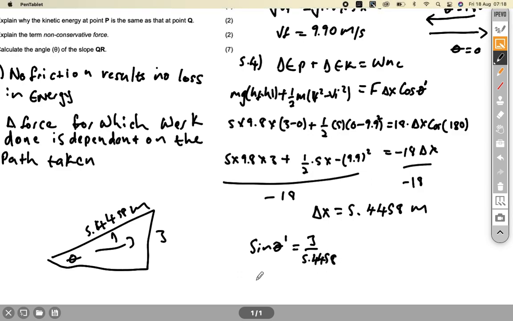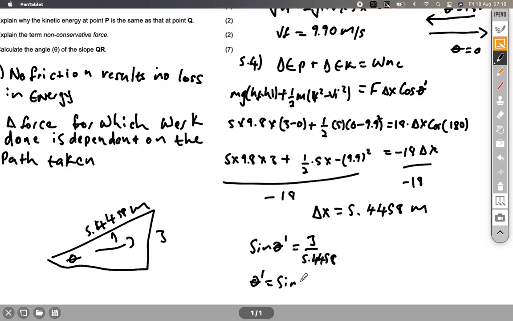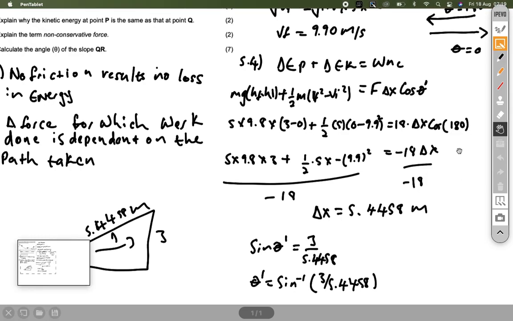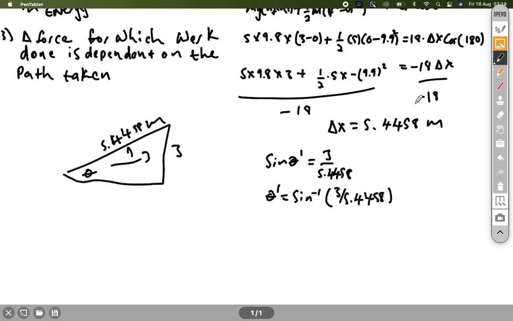And then we could take the arc sine of 3 over 5.4458, which is equal to 33.43.